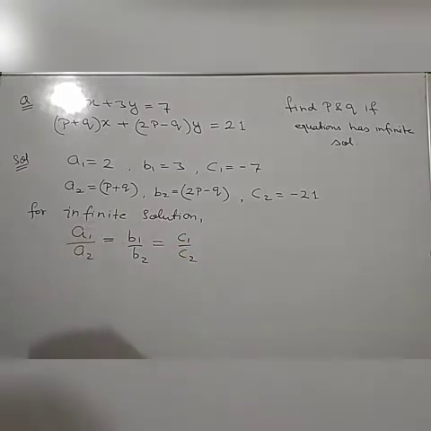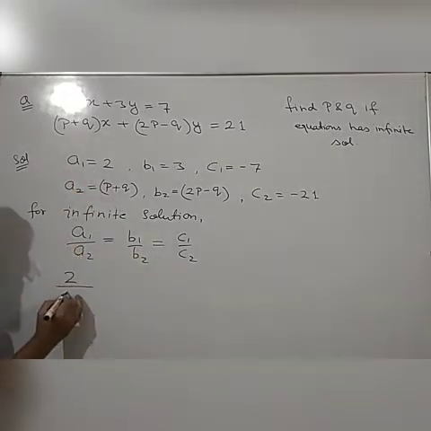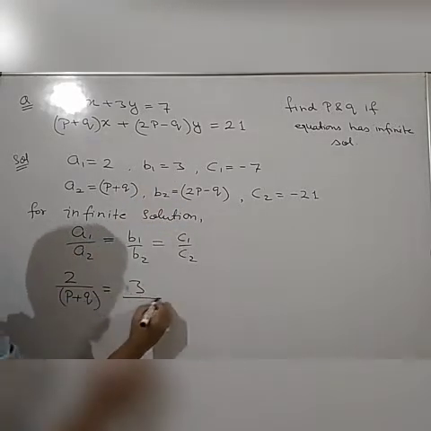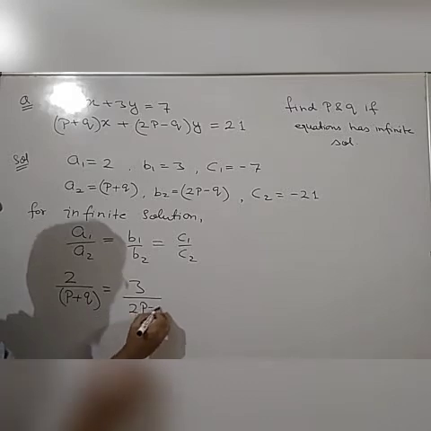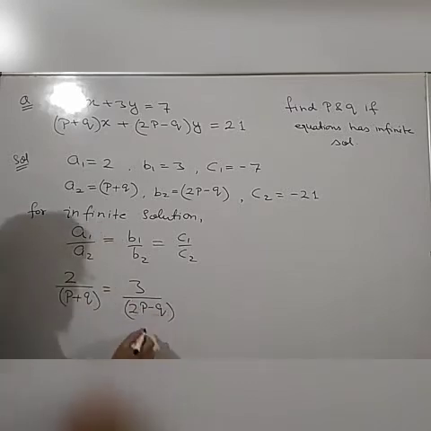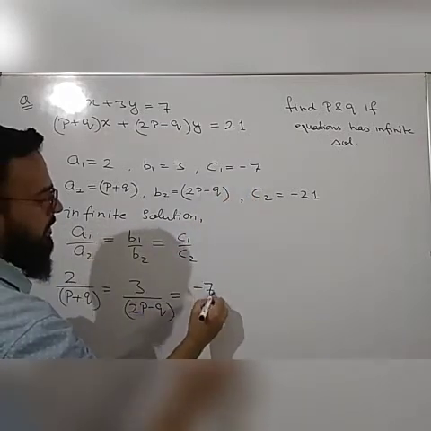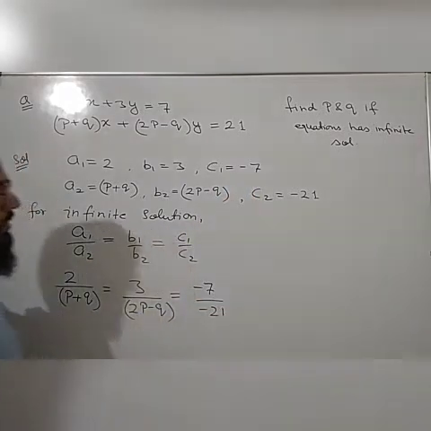This is the condition for infinite solutions. So now let us put these values. We get 2 upon (p plus q) is equal to 3 upon (2p minus q) is equal to c1, which is minus 7, upon minus 21.